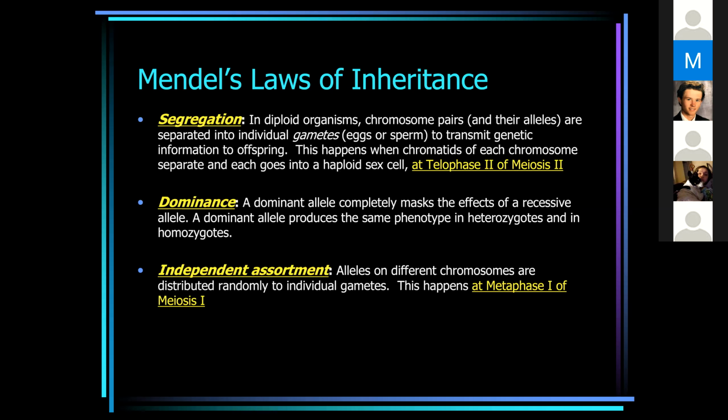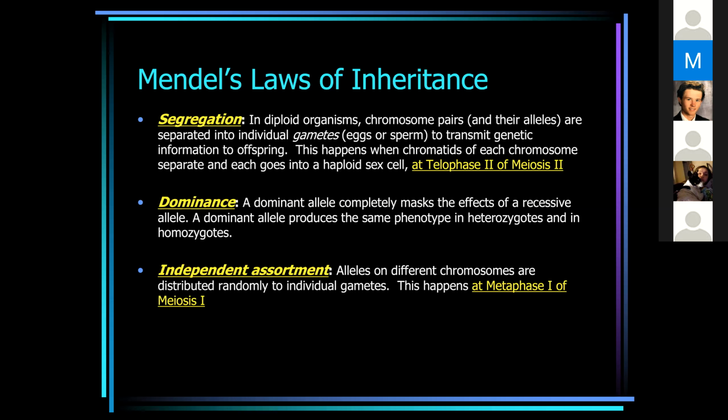Okay, to review Mendel's laws of inheritance. Segregation. Chromosome pairs and their alleles are separated into individual gametes to transmit genetic information to offspring.